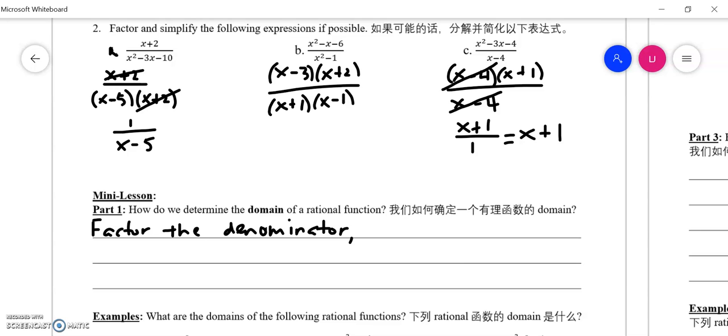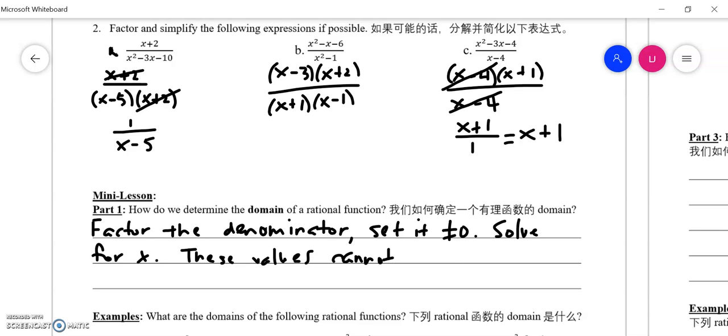And really, we have to set it not equal to 0. Solve for x, and x cannot equal these values. That's why we use the not equals.